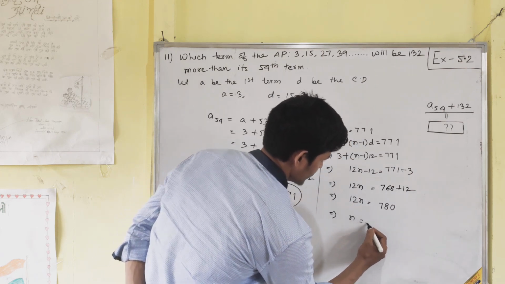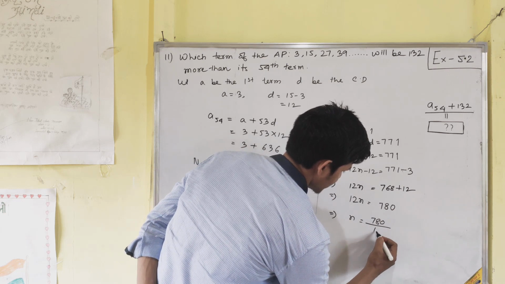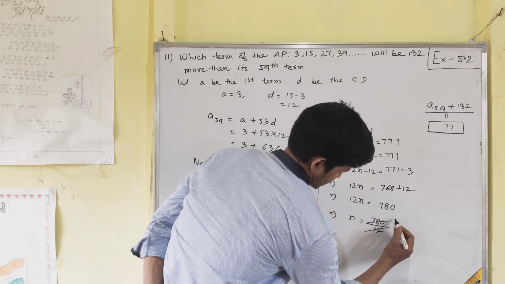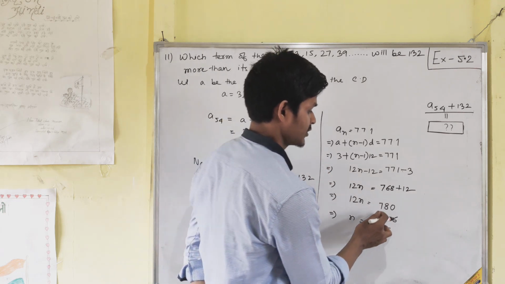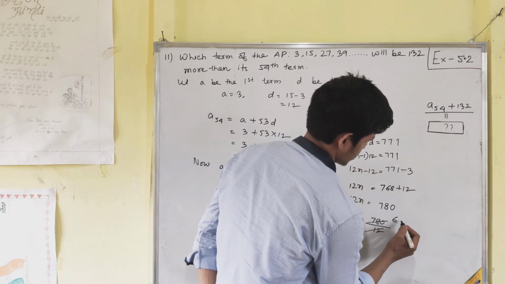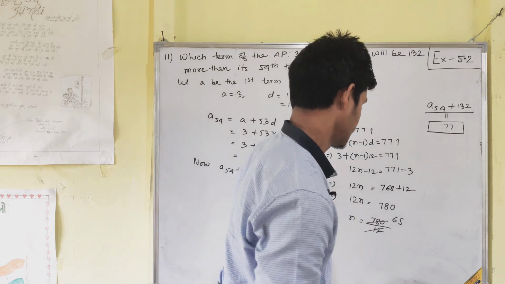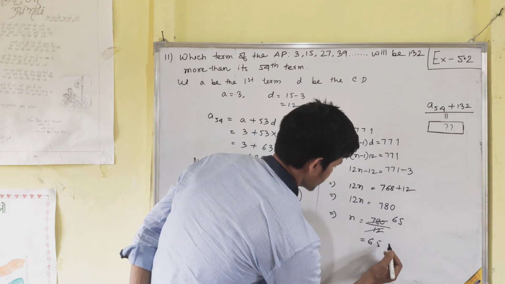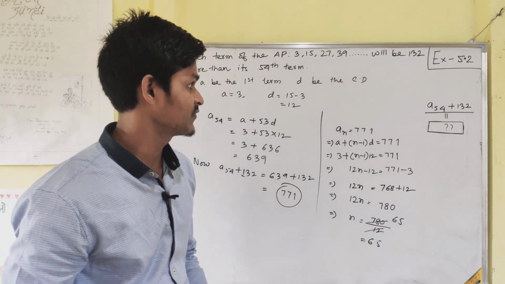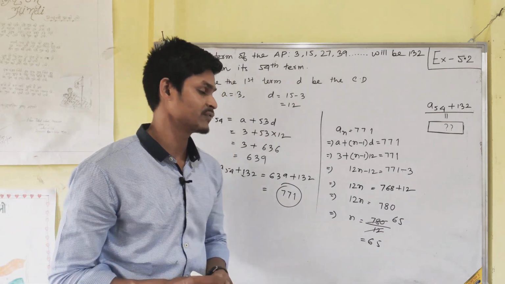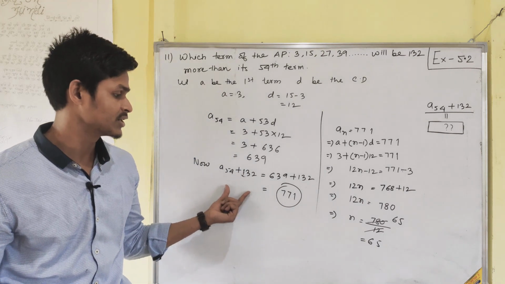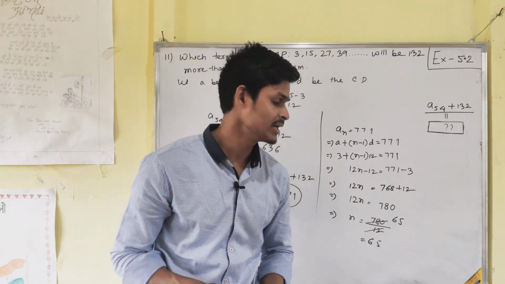So n will be 780 divided by 12. 12 times 6 is 72, and 12 times 5 is 60. So n equals 65. That means you get the 65th term when you add 132 to the 54th term.